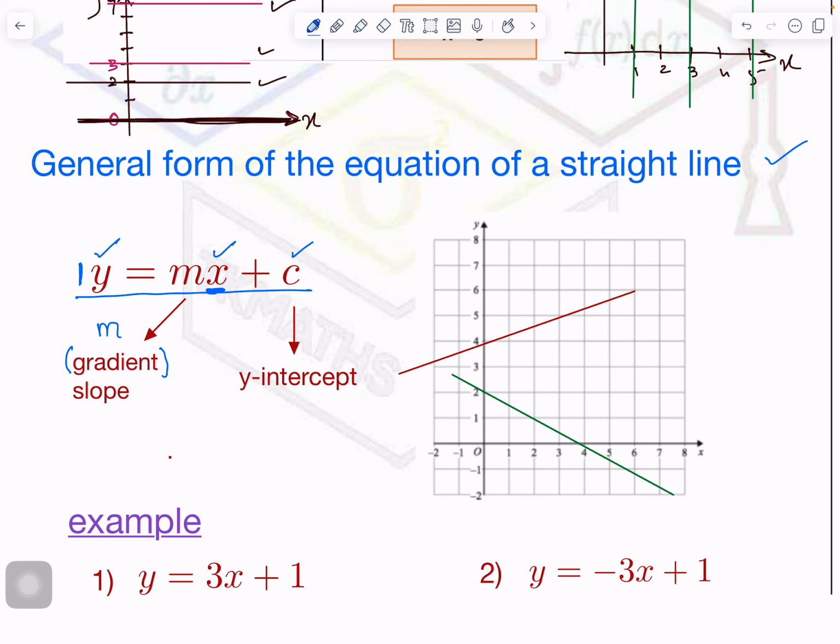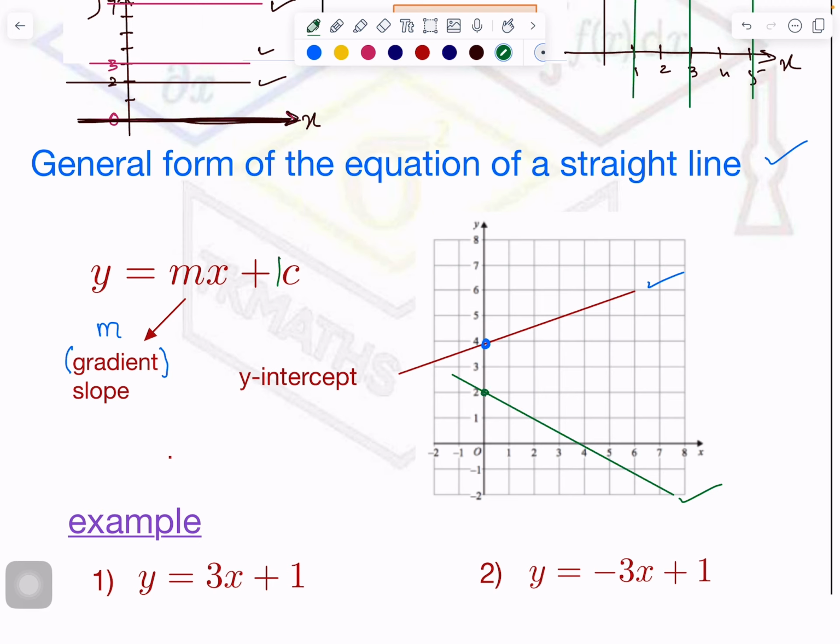For example, for this red line, if I ask you what is the y-intercept, you will just look at the y-axis and say the y-intercept is 4. The gradient you cannot tell right now because I have not taught you as yet. But the y-intercept you can immediately tell just by looking at where the line passes through the y-axis. Now for the green line, if I ask what is the y-intercept, you will see where the line passes through the y-axis and say 2.